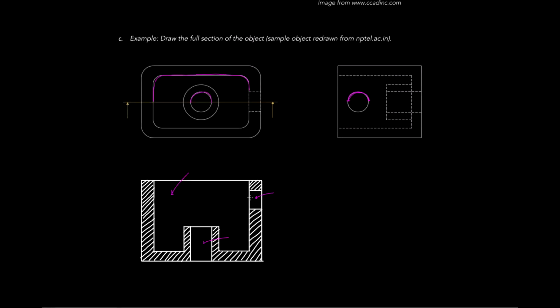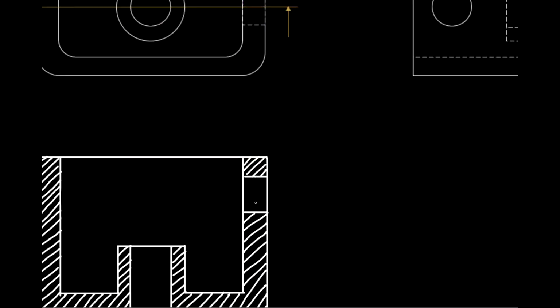But eto, we need to indicate pala, no, na this is a curved surface. So dapat ang ginawa natin is dapat naglagay tayo ng line to indicate, and in-estimate ko na lang, no, kung nasaan yung center point.